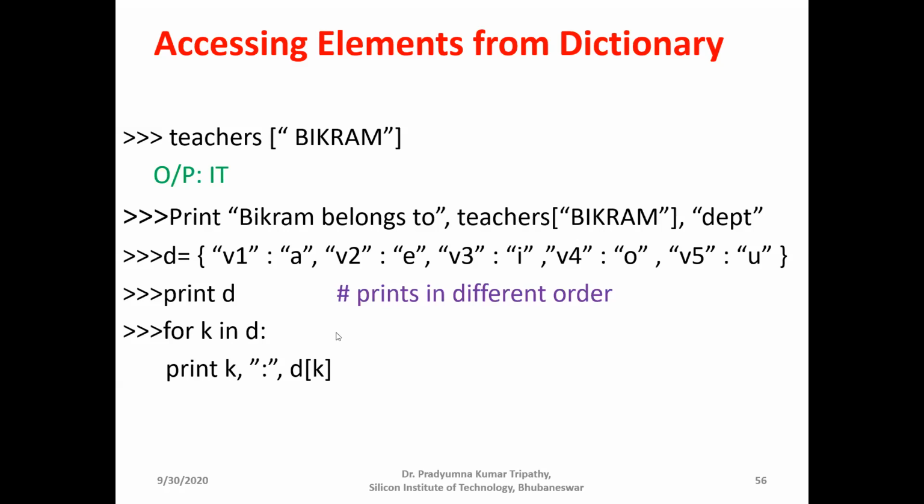Similarly, suppose I have created a dictionary in this way. For all the vowels A, E, I, O, U, I take some variables V1, V2, V3, V4, V5. So V1 is the key for A, V2 is the key for E, V3 is the key for I. Like that, for every vowel I have mentioned one key.